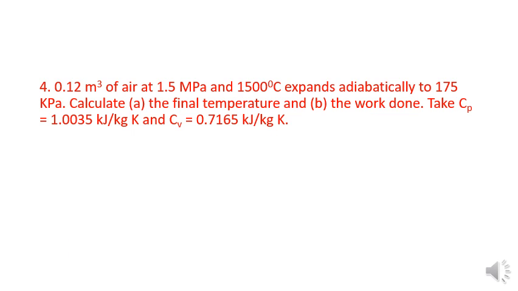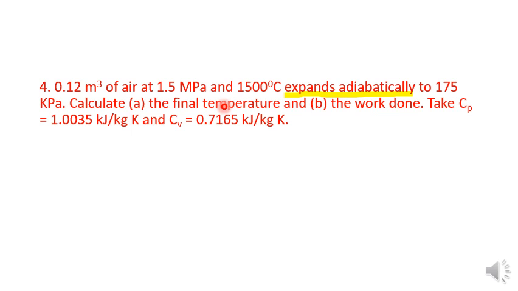First read the question carefully and highlight what the process is. It is an adiabatic expansion process. The volume is 0.12 meter cube of air, the pressure is 1.5 megapascals, and the temperature is 1500 plus 273, which is 1773 Kelvin, expanding to 175 kilopascals.